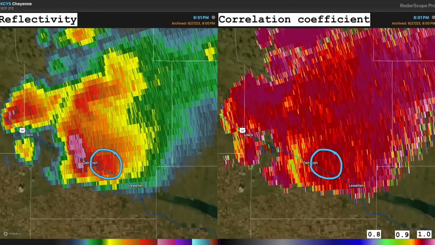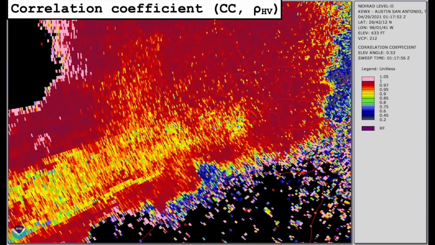However, if a storm consists of a mix of raindrops and large hail, the correlation coefficient may decrease given reduced consistency among the targets. Correlation coefficient is also a good discriminator between meteorological and non-meteorological targets, with most non-meteorological targets registering a CC value below 0.9. The exception is large wet hail and large wet snowflakes, which typically yield CC values between 0.8 and 0.97.